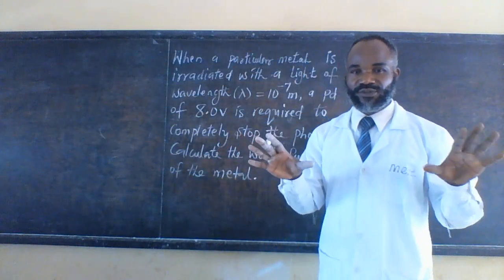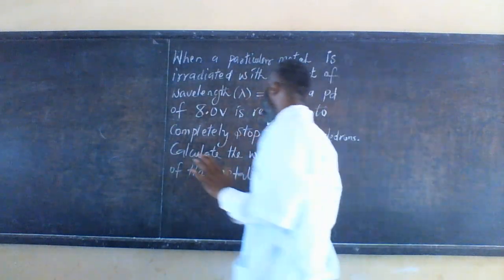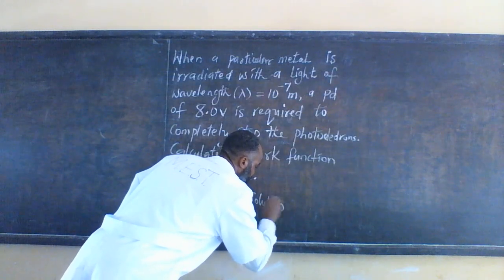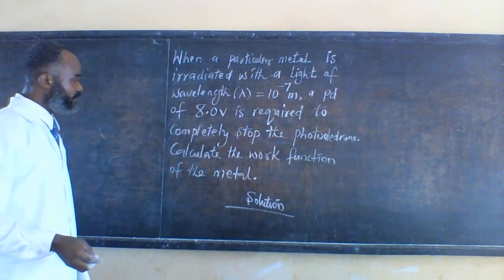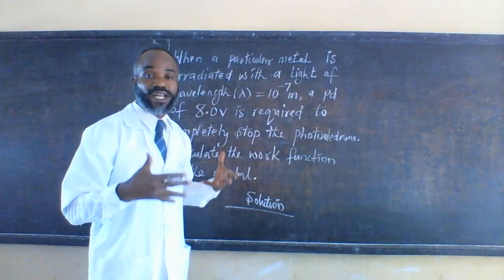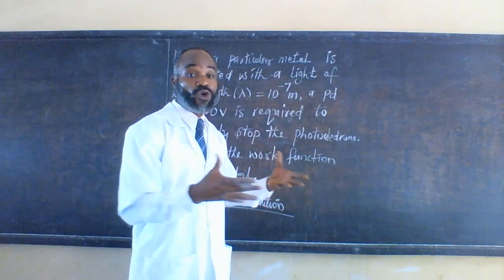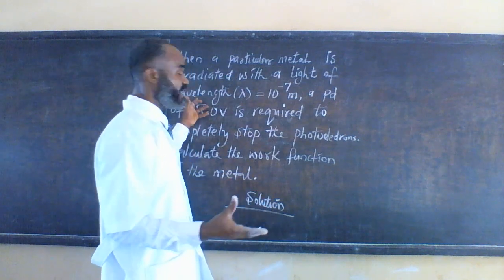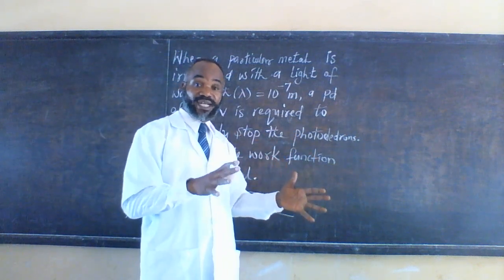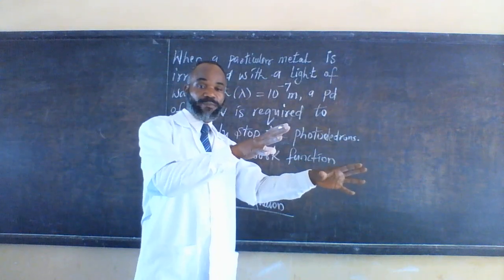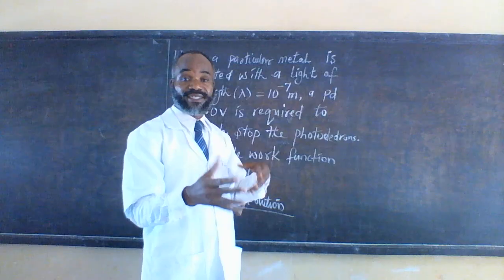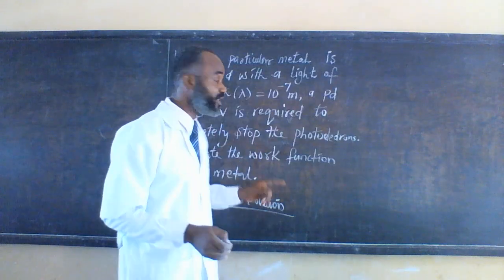So, can we just illustrate something here? First of all, let's bring out what we have. Here we have a particular metal that is irradiated. That means a particular metal is shone with light of wavelength, excuse me, okay, there is light shone on this metal whose wavelength is given as 10 raised to the power minus 7 meters.